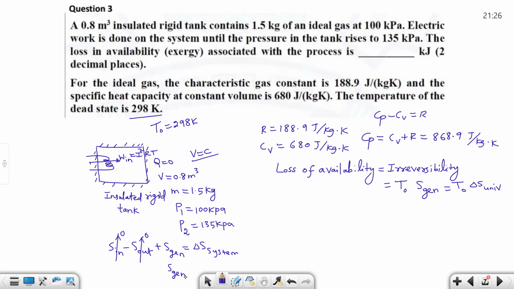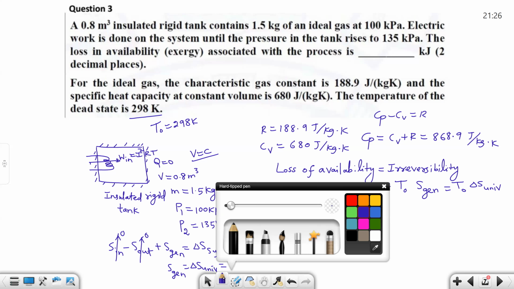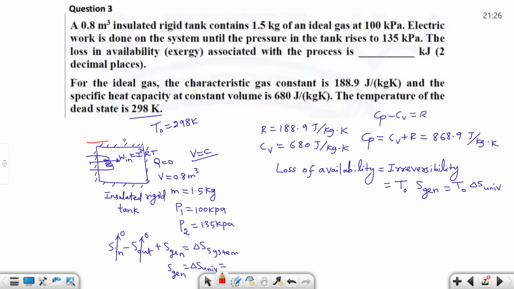Entropy generation is nothing but entropy change of the universe. If you consider this as the universe, whatever inside, because of the process, there will be an entropy generation.